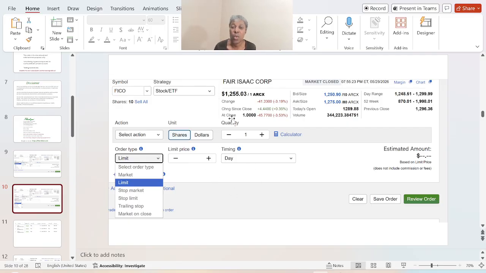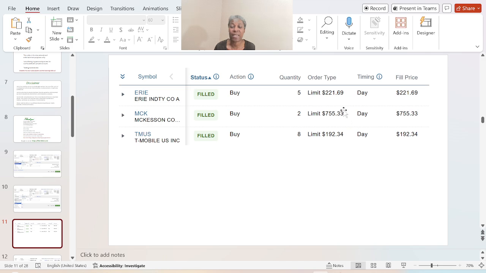And sometimes the price changes as I'm placing the order, and I'll keep changing it as well. It could go either way, up or down. But once I place the order and I review it and submit it, it could buy at a lower price or at the price that I set, but not higher than that. So that is the way I do it.